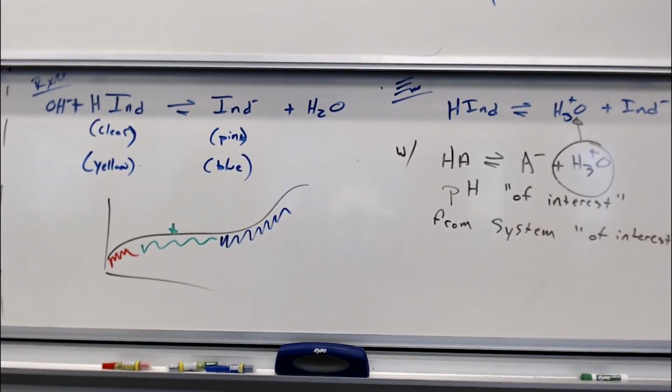The indicator is typically at micromolar concentration, so really low. So the H+ contribution from the indicator is negligible, and it's the weak acid system that's going to dominate the H3O+. It's going to push around the indicator based on how much base we add.